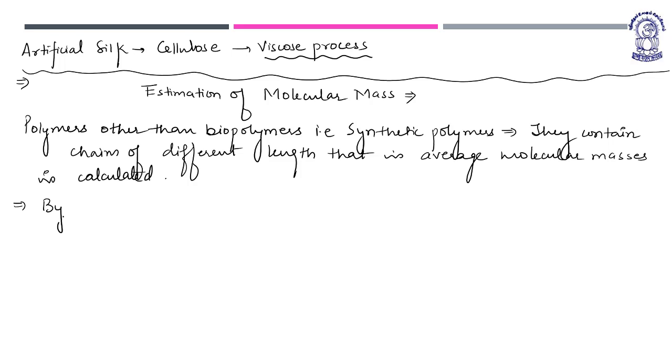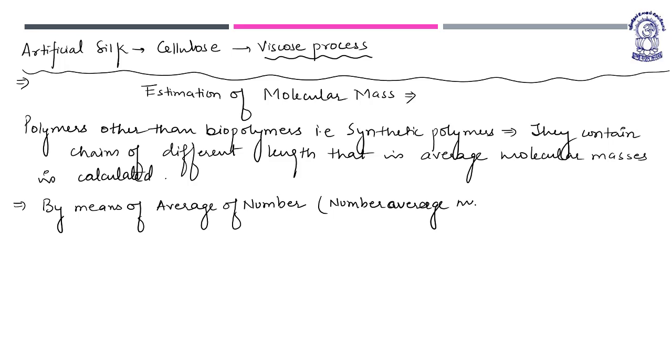First is by means of number average, which basically includes the number average molecular mass, denoted by Mn.